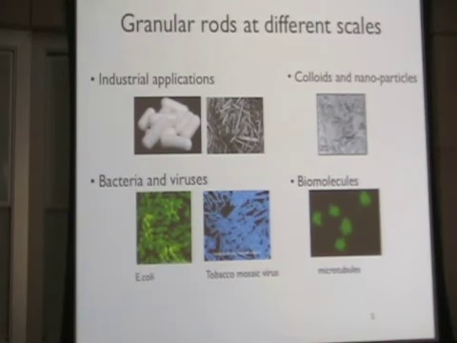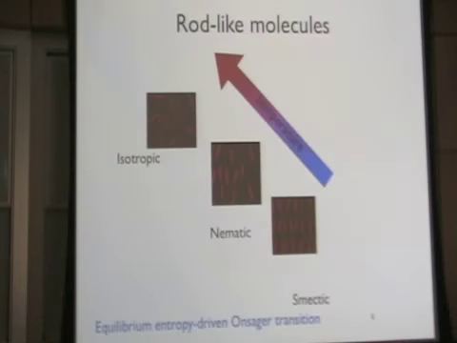And you can even view biomolecules, these microtubules, as little but very stiff granular rods. So you can develop some theories, which we did some work on, on how these rods are actually interacting with each other, but in a non-trivial manner because this interaction is mediated by molecular motors, and so it's not typical granular rod collisions. Anyway, there's a lot of interest in granular rods right now, and this work on bacteria occupies a certain niche in that whole activity.